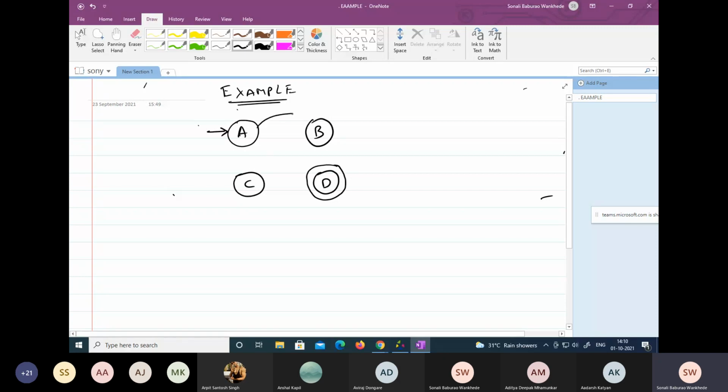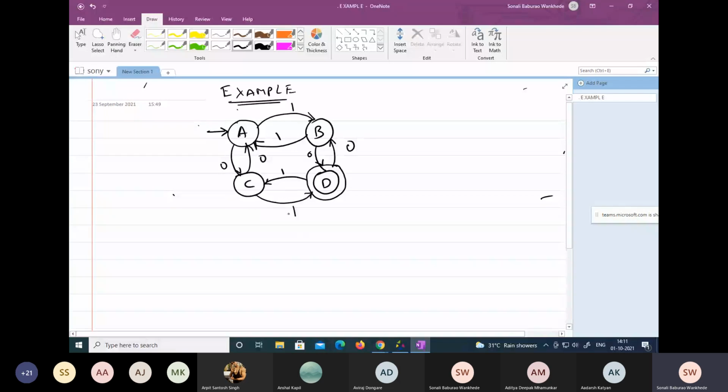My transitions are shown in this way, with 1 and then again a 1 over here, then 0 and then 0 again. Okay, I'm done with this state diagram. This is the state diagram which is given to me.